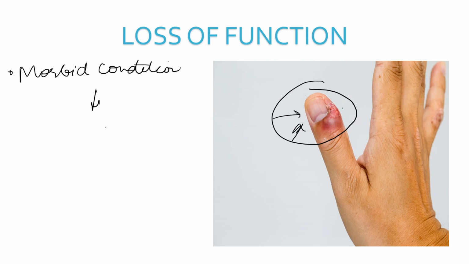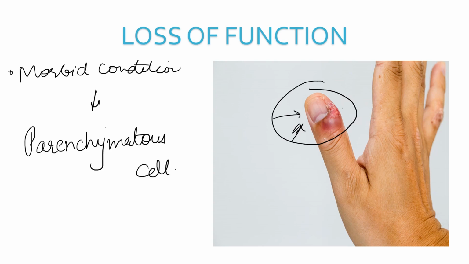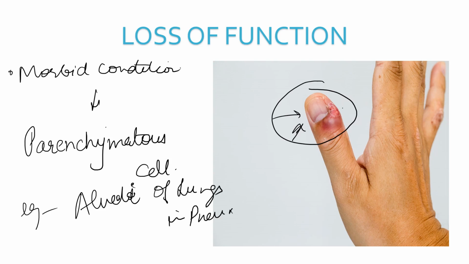Example, as we can see in the alveoli of lungs. In pneumonia, the alveoli of the lungs are not able to work or function properly as they have lost their function.